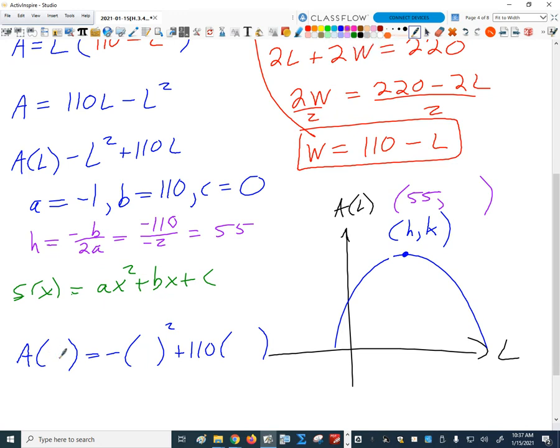Whatever my input is, I'm going to take negative that squared plus 110 times that. Well, the input is 55. So I'm going to get negative 55 squared plus 110 times 55, which should give me 2775.